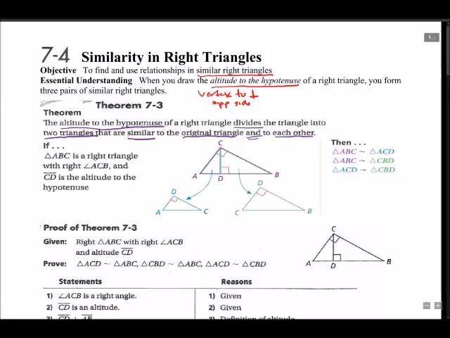And you can see them right here. This triangle right here. And this triangle right here. Now, because they are made with the altitude, they are also right triangles.